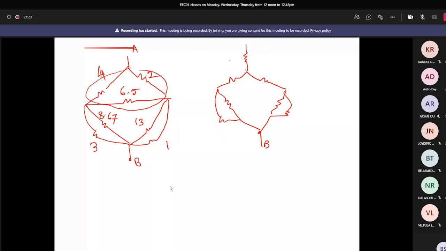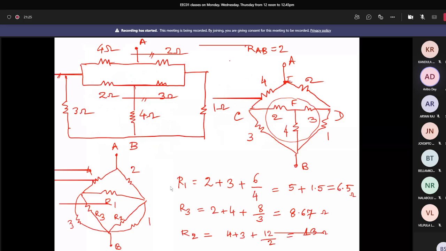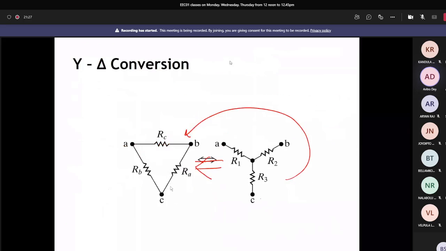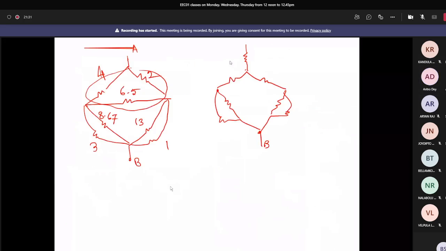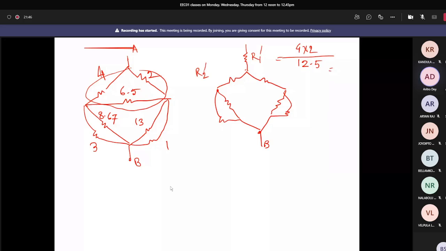So it is RB RC divided by this. It is 4 into 2 divided by 4 plus 6. That means 12.5, isn't it? Say this one is R1 dash. So solve it. What is R2 dash? Similarly, R3 dash.